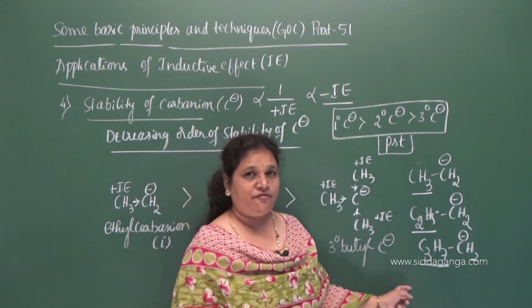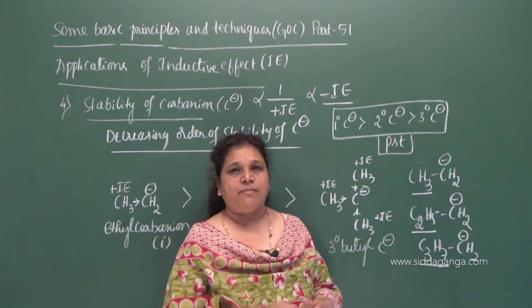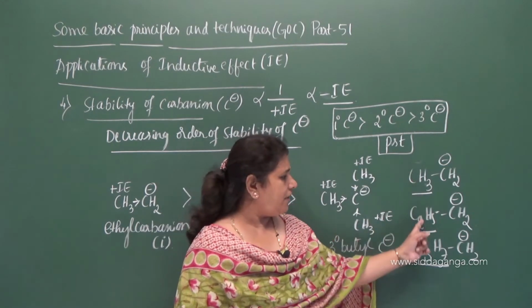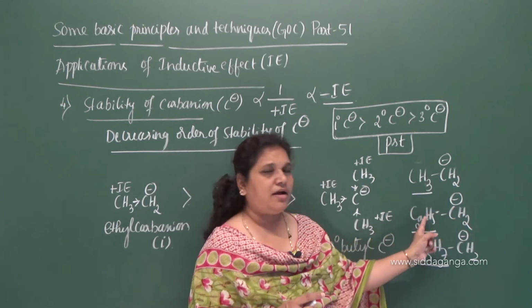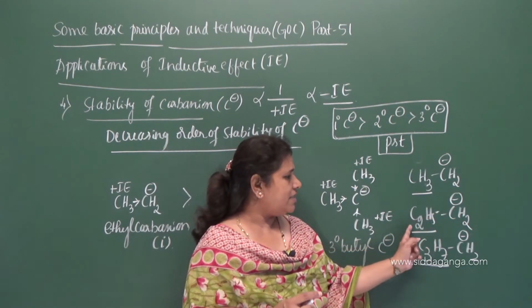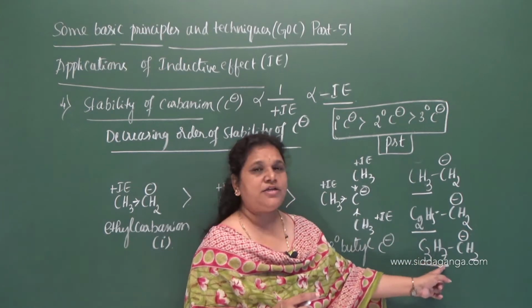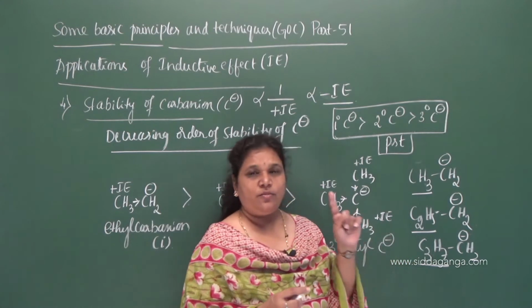Positive inductive effect increases with increase in the number of carbon atoms in a primary alkyl group. All three are primary because each is attached to only one carbon, so it is bonded to only one carbon.